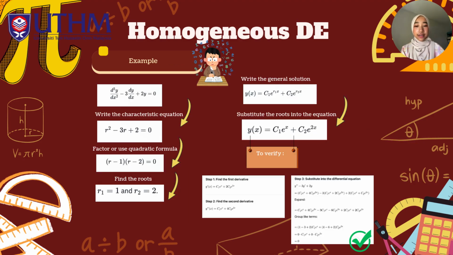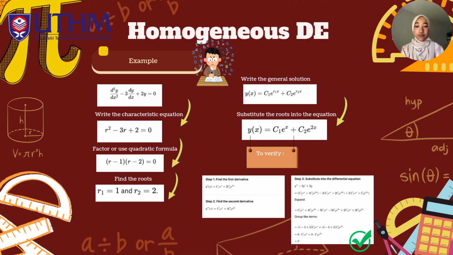So let's dive into an example of a homogeneous differential equation for better understanding. First, we have this equation, and we have to convert it into the characteristic equation. So we got r squared minus 3r plus 2 equals 0.